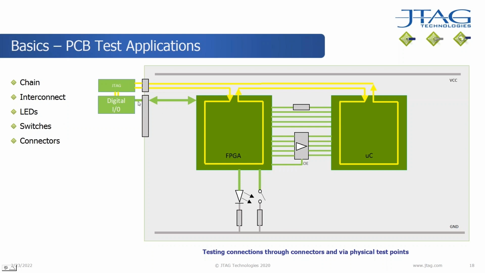So if you imagine you've got an FPGA type device deployed in a module, we call it a digital I/O module, then you can extend the boundary scan chain, through the FPGA, through the microcontroller, out, back through, and then into the digital I/O module, which is containing more boundary scan devices.